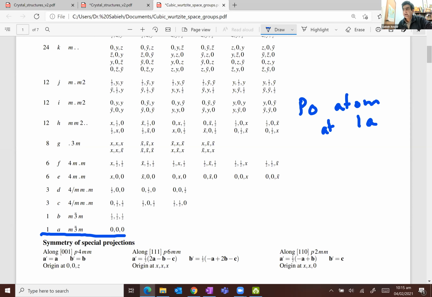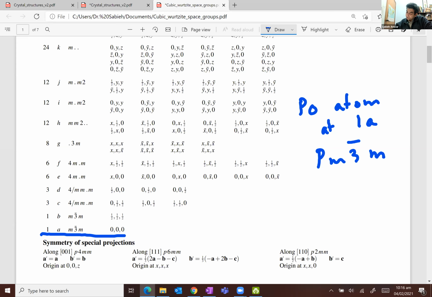The polonium element belongs to the space group PM 3 bar M. Okay. And the site symmetry here is PM 3 bar M, which means the local point group at this location is M3 bar M. So we can just have one atom placed at the location 0, 0, 0. And that's it. So there is one point per unit cell and there is one atom per unit cell.